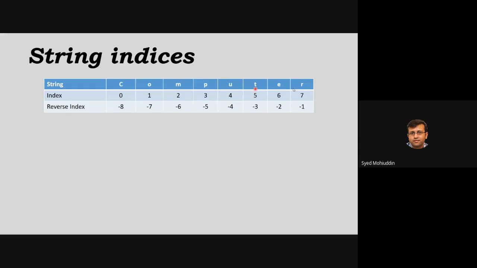The first character will be on the 0th index, and subsequently we will have the incremented indexes. The length of this string is 8, so we will have indexes from 0 to 7.